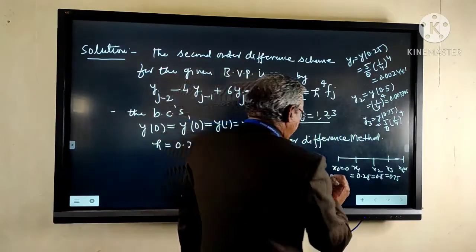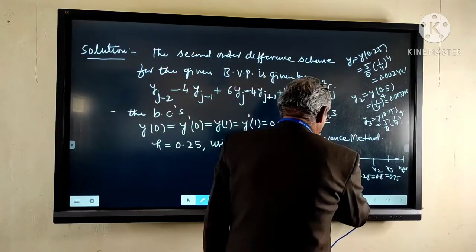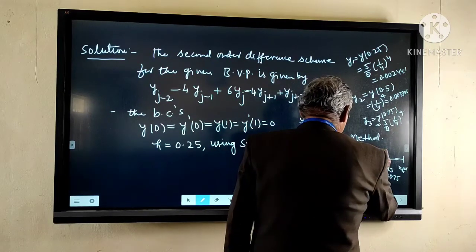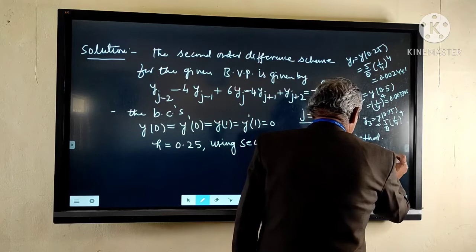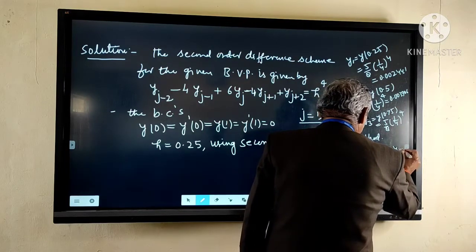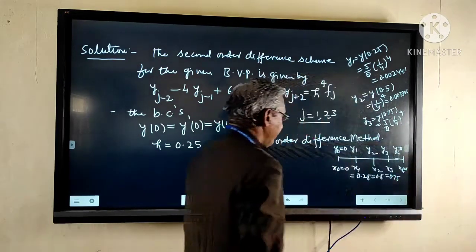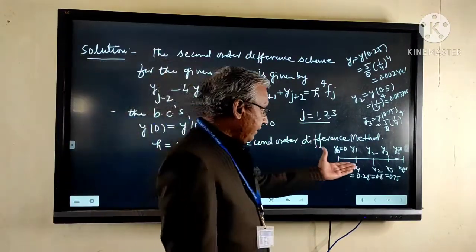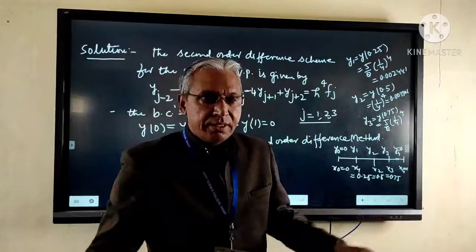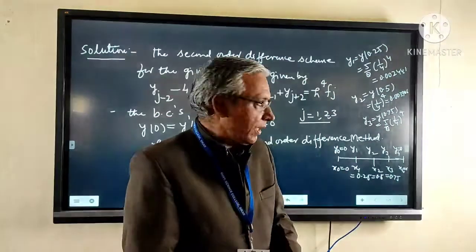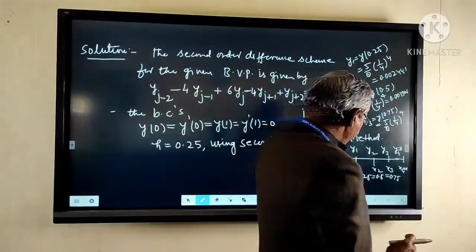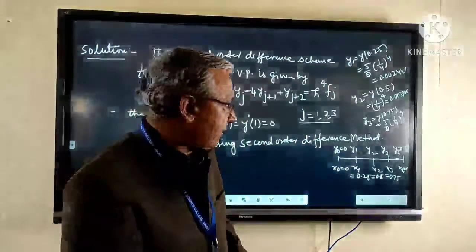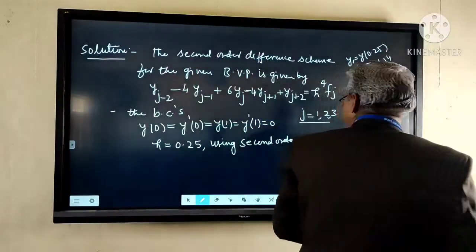The corresponding boundary equations are y0 equals 0 and y4 is also 0. It means we divide the interval [0, 1] into 4 equal subintervals with step size h equal to 1/4.